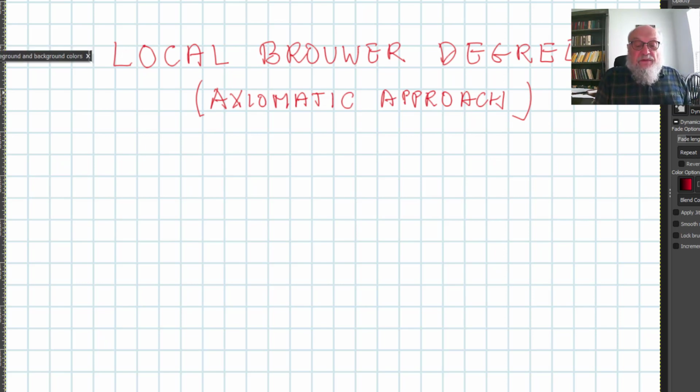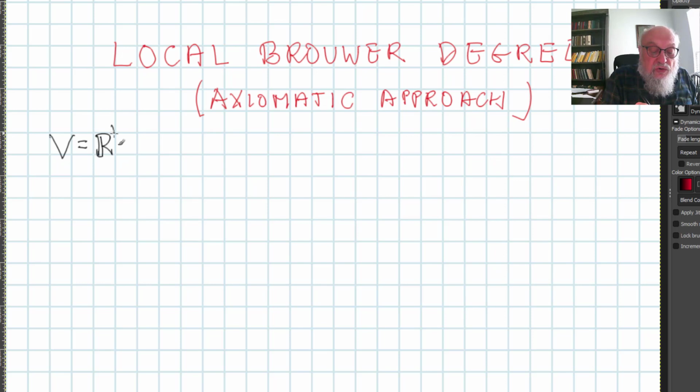So let's begin with the basic notions. First, let me indicate that by this symbol V, I will be denoting usual Euclidean space, and we can start with dimension 0, as simple as possible, and then 1, 2, and so on.